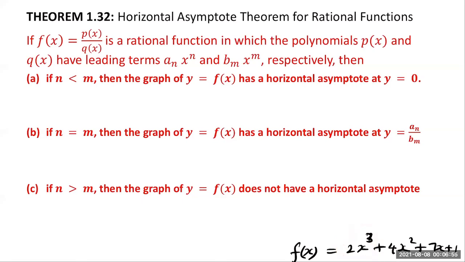Okay, all right. Let's go back to the theorem. What this theorem tells you is that if you have a rational function of the form p of x over q of x, and the leading term of the numerator is of the form a_n times x to the power n, and the leading term of the denominator is of the form b_m times x to the power m, then if the degree of the numerator is smaller than the degree of the denominator, your horizontal asymptote is y is equal to 0.